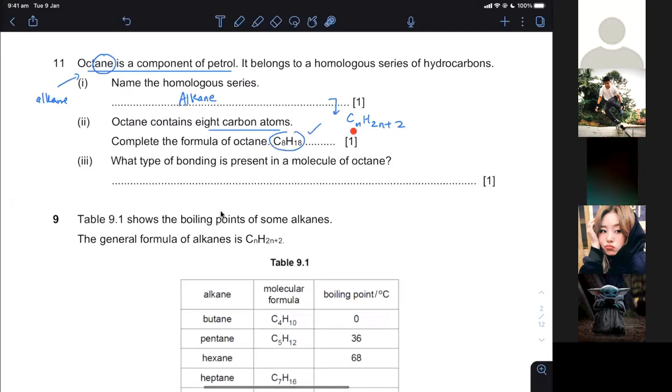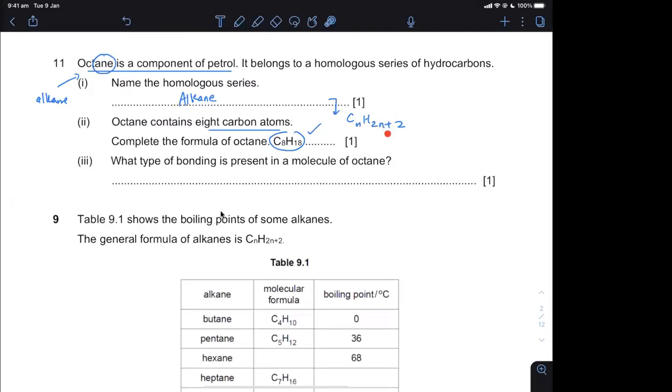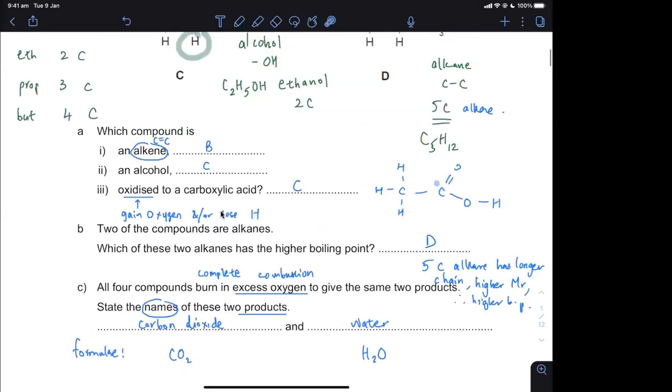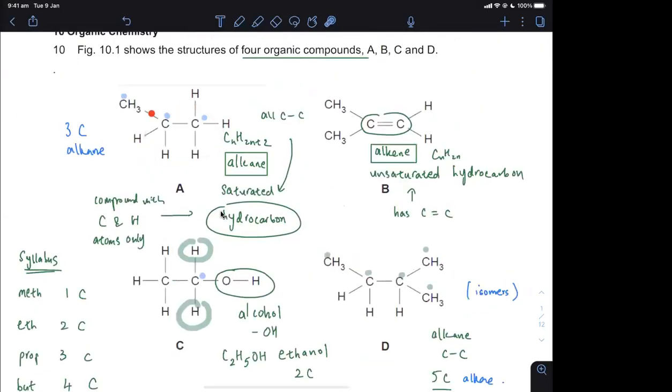When there are 8 carbons, then 8 times 2 is 16, plus 2 is 18, so it's C8H18. What bonding is present in a molecule of octane? When you draw alkane, you will have molecules like these. So inside the molecule, you have this thing which we draw as a line. Each of these lines is between non-metal and non-metal.